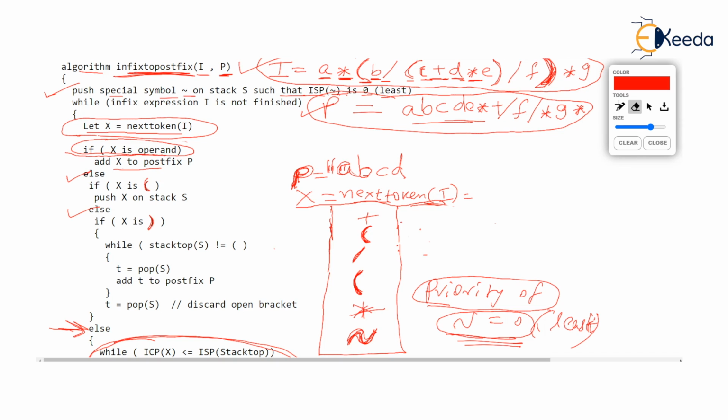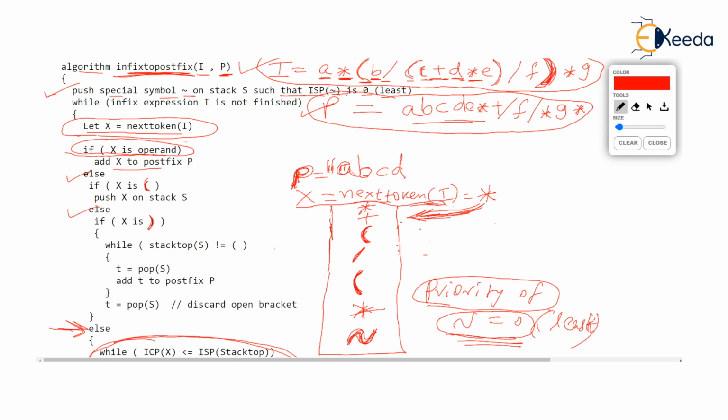An operator must go on the stack. But there is a rule. Incoming operator must have higher priority than in stack operator. In stack operator now is plus. The world knows that multiplication has got higher priority, isn't it? Incoming operator multiplication is having higher priority than in stack. So multiply can supersede plus.